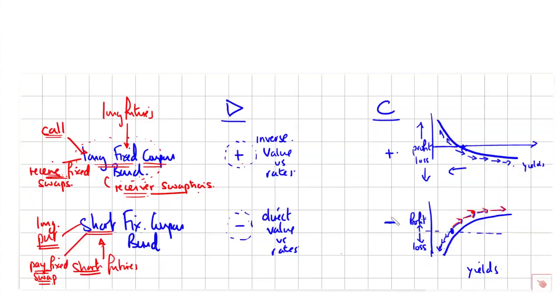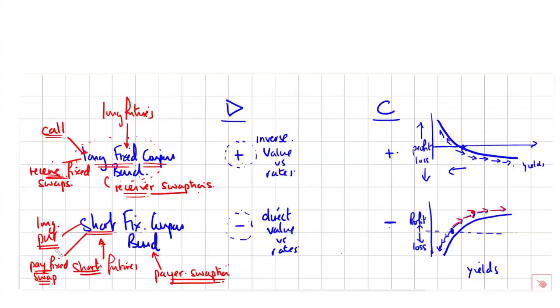It's like being short a fixed coupon bond, and it's got negative convexity. But also a payer swaption will follow this exposure as well. A payer swaption is the right to enter into a payer swap, the right to essentially establish a short fixed coupon bond position, and very much like a long put.